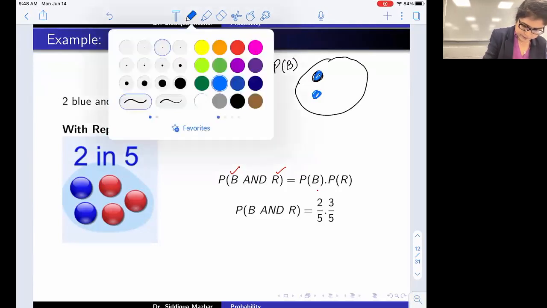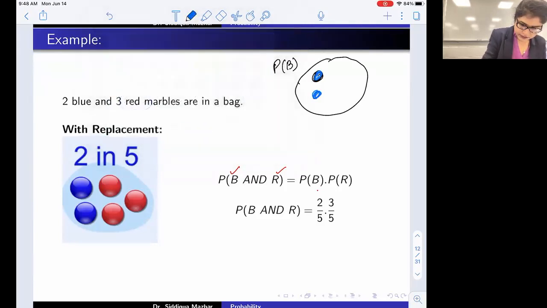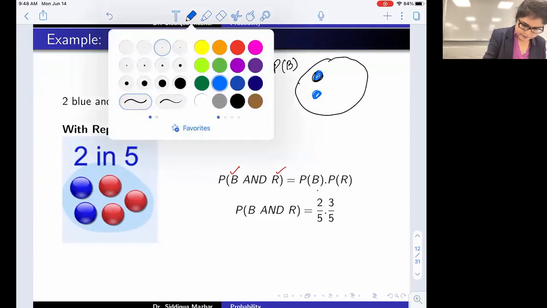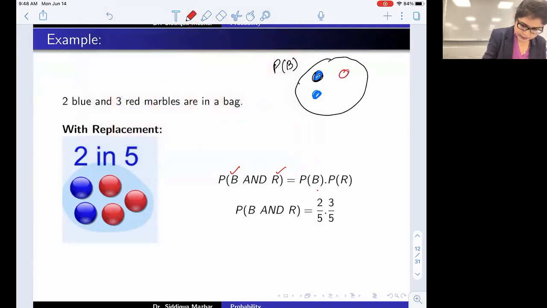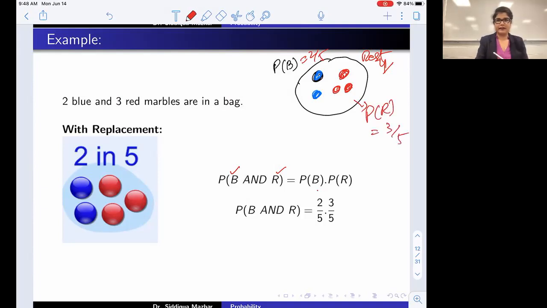If you select 1, then because you are taking it out, the rest will be my 4 balls. So the probability of finding blue is 2/5. And the probability of finding a red ball will be 3/5.